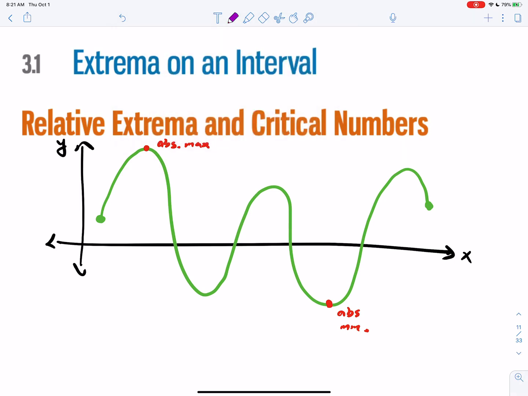Now we're going to reintroduce the tangent line. You don't know enough yet in terms of the tangent line, but all you do know is that a tangent line is a line that intersects a curve at one point.